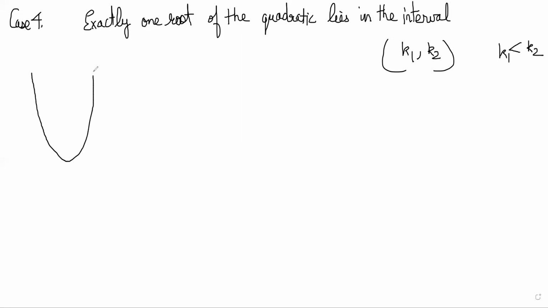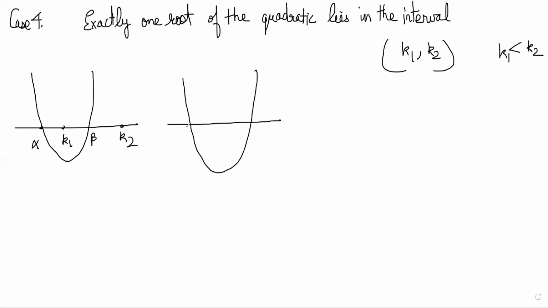So you can have a situation like this where alpha is here, K1 is here, beta is here, K2 is here. Or you could have a situation like this where alpha is the root between them. So K1 is here, alpha is here, K2 is here, and beta is here, right?